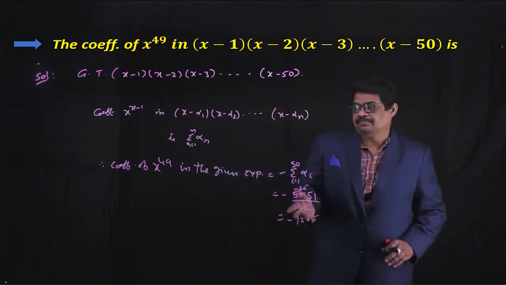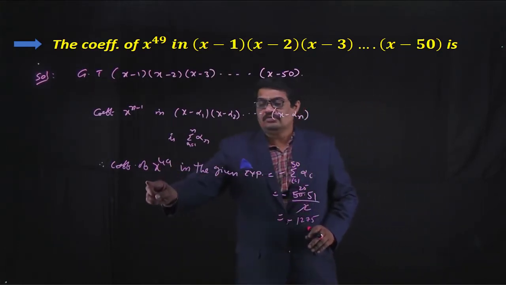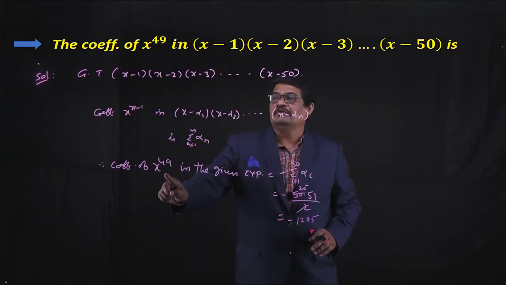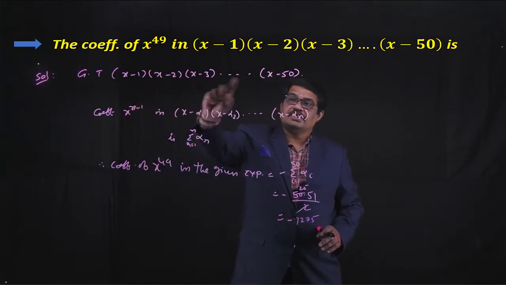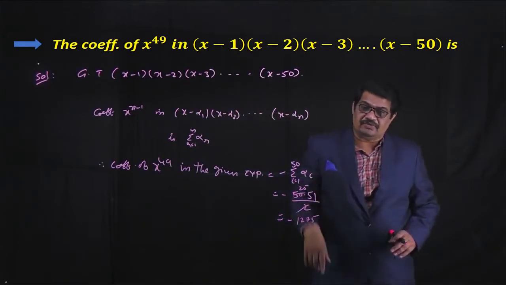So this is the value of the coefficient of x to the power of 49 in the expression (x minus 1)(x minus 2)(x minus 3) and so on.